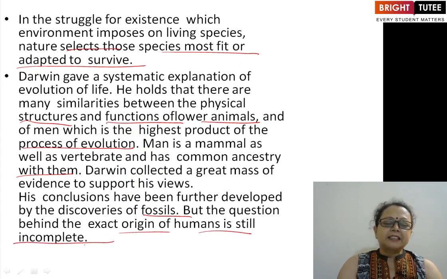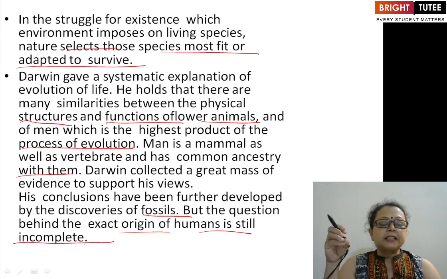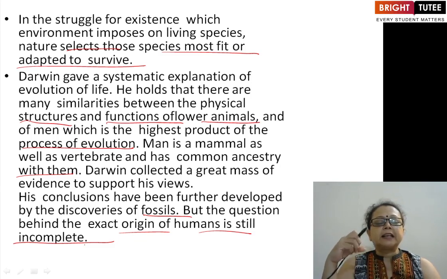So many facts are given, so many theories are developed by different naturalists, scientists, geologists, historians and archaeologists. But still the origin of humans is incomplete. We do not have the exact or complete idea about the origin of humans.